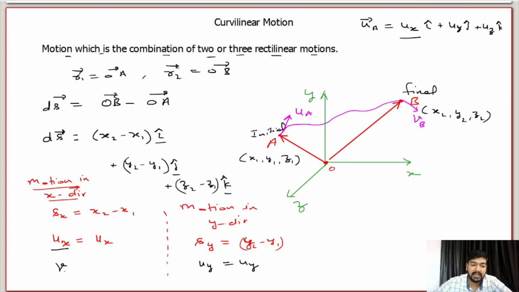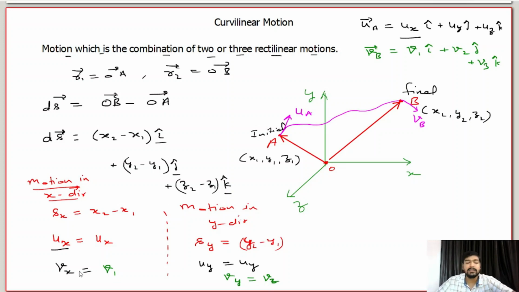Let's change the naming for the final velocity v: v1 in the x direction, v2 in the y direction, and v3 in the z direction. So vx will be v1 and vy will be v2. The final velocity in the y direction will be v2.